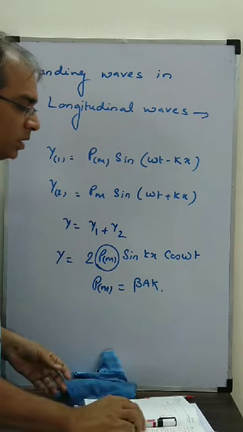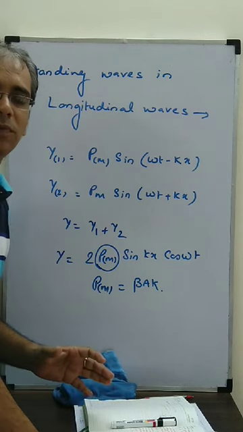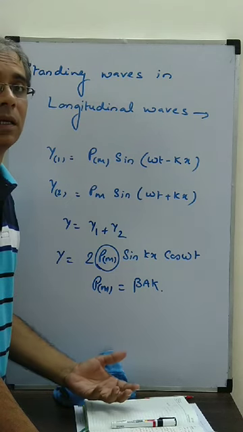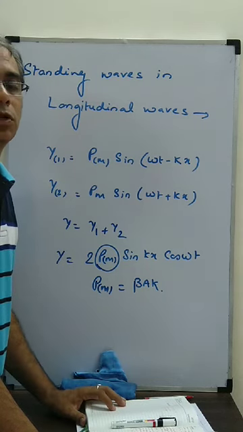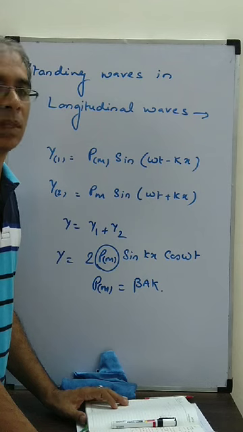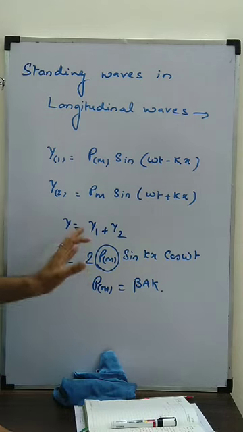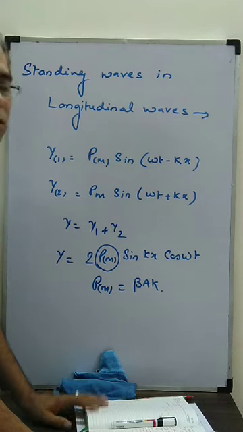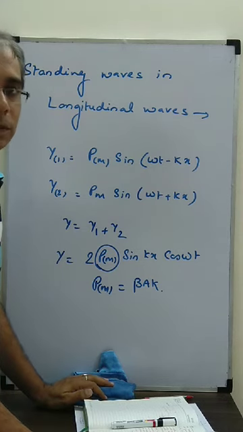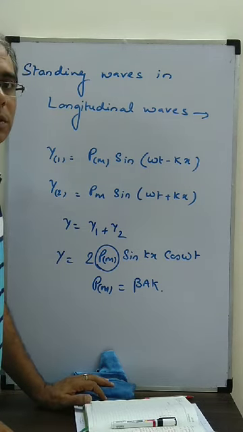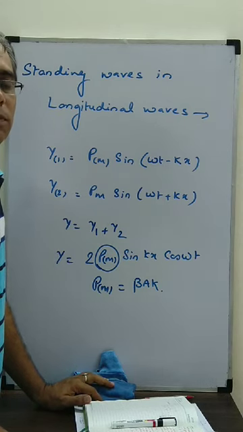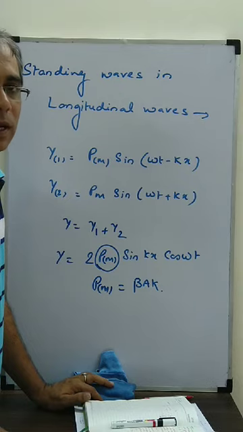Now, as we said in the case of waves in string, standing waves practically form in musical instruments that use a string. In exactly the same way, standing waves in longitudinal waves are also produced in musical instruments, and the best example is flute and all those instruments which are played with mouth: saxophone, flute and all other instruments like that.